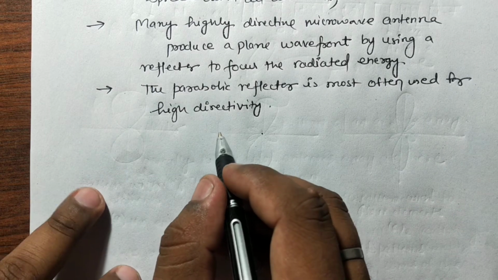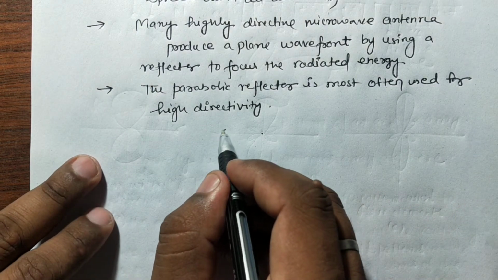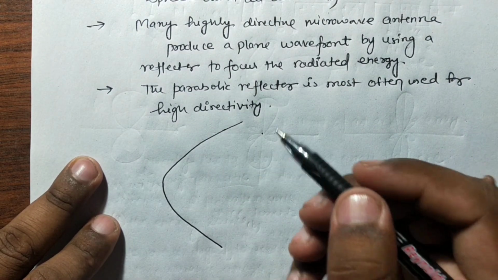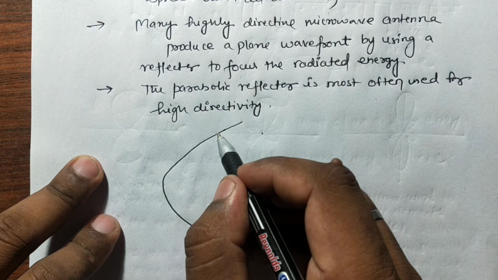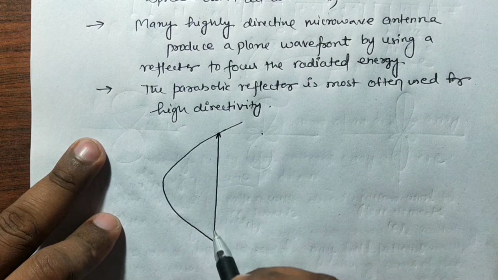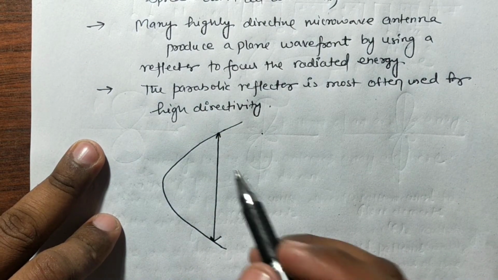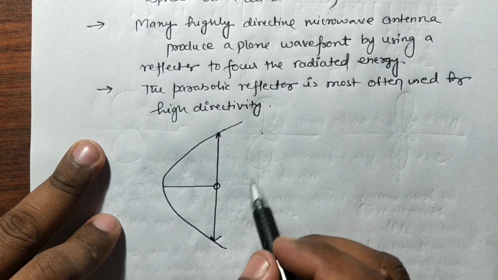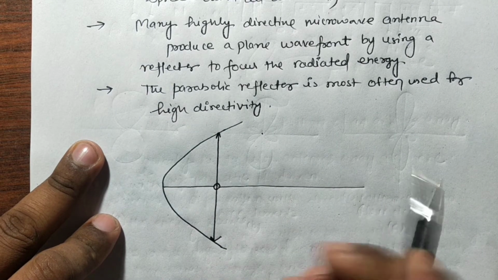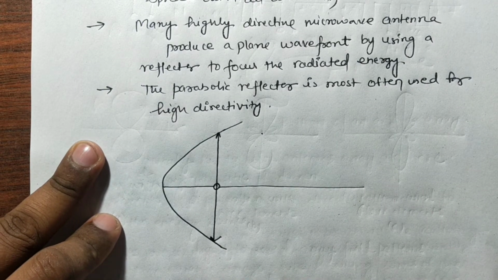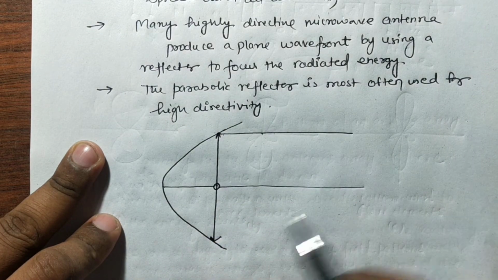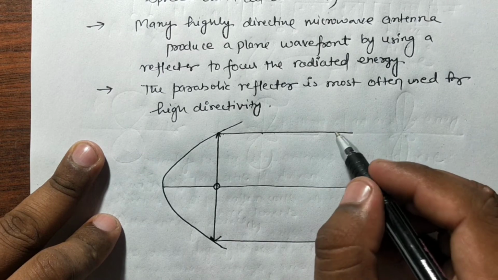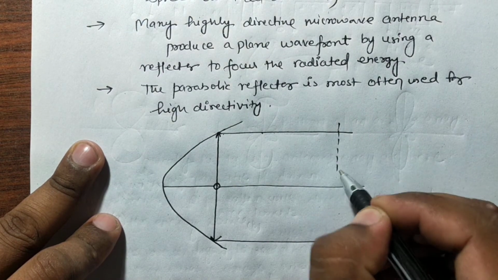So let me draw a diagram for this parabolic reflector. If I use here, and the focal point to be here, at the center, this is a vertical line.